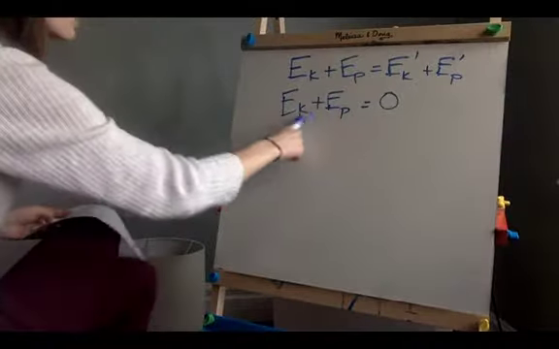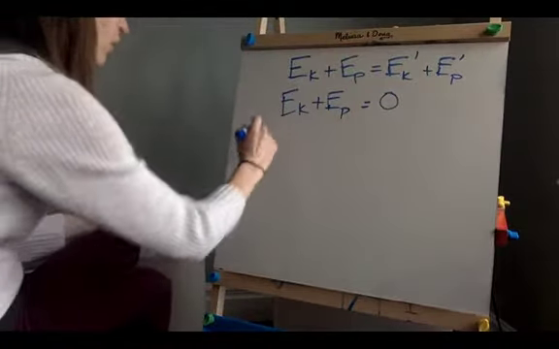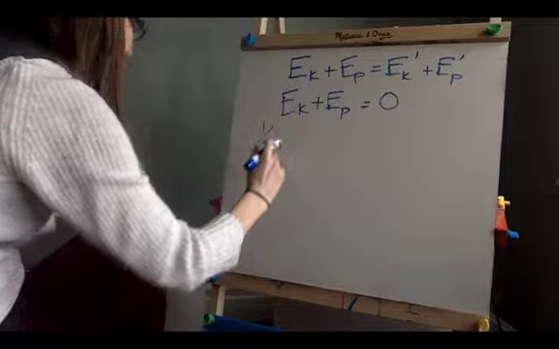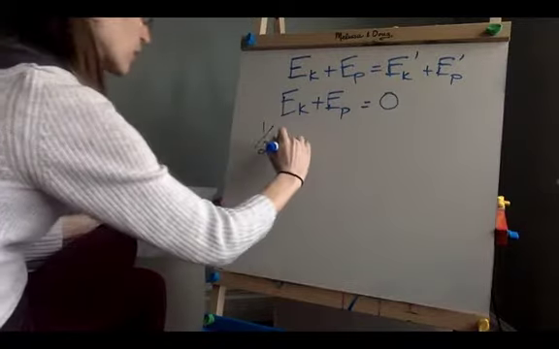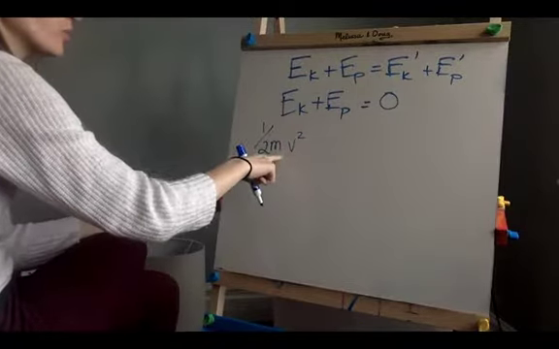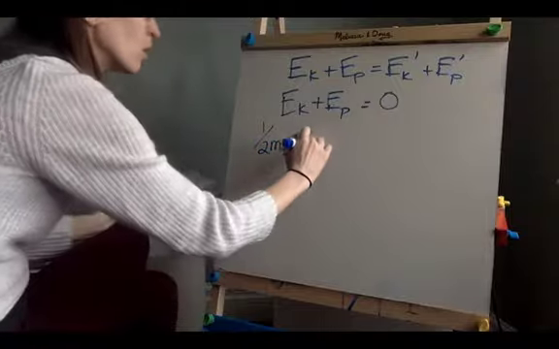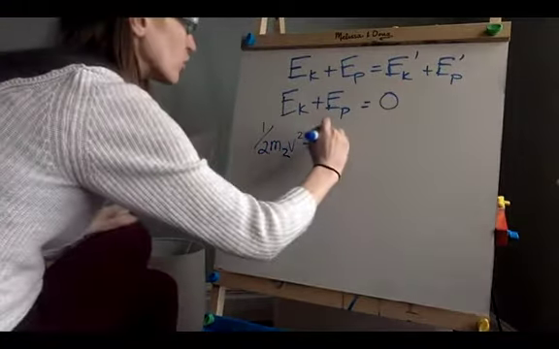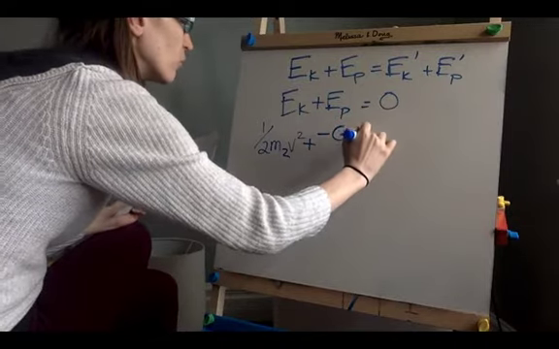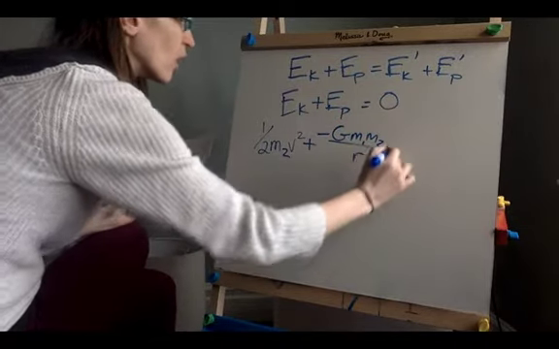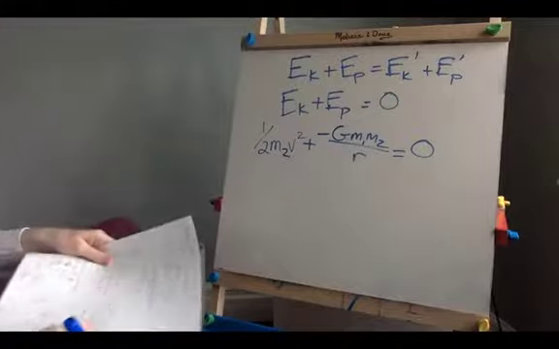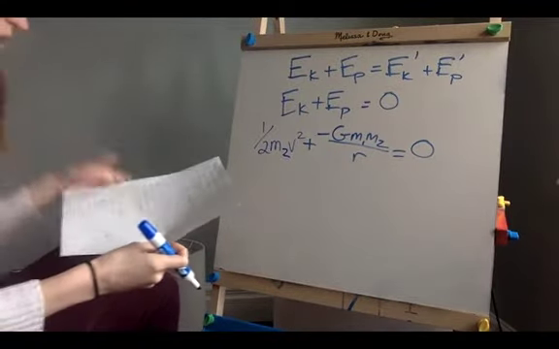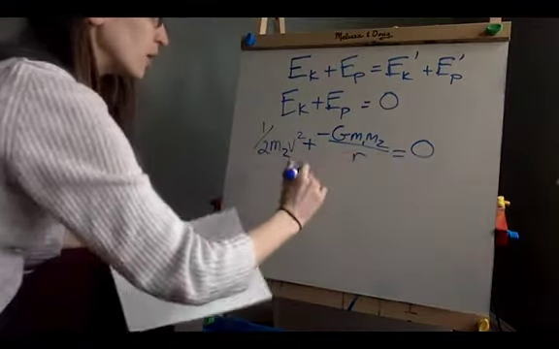So we have formulas for both of these. Our EK is our 1/2 mv squared, and again, this would be the mass of the object that we're sending, so that would be m2, plus our formula for EG, which is our negative Gm1m2 over r. So the sum of those energies would need to equal zero. Obviously, then we can bring this over and it would become positive.